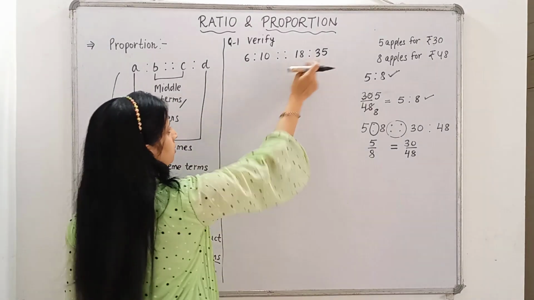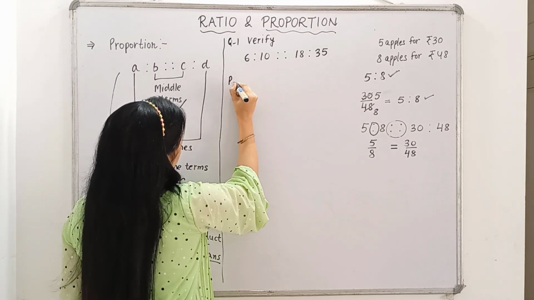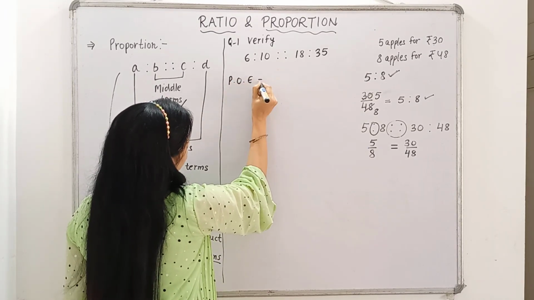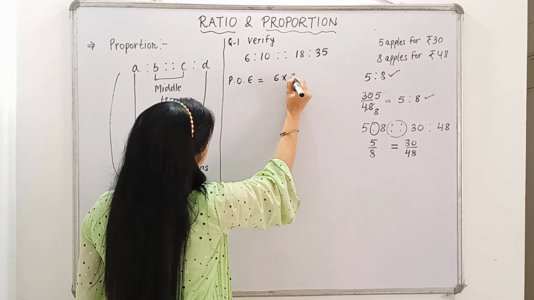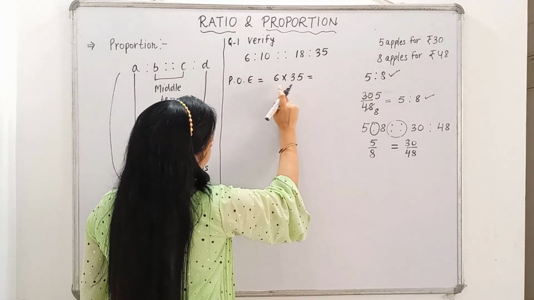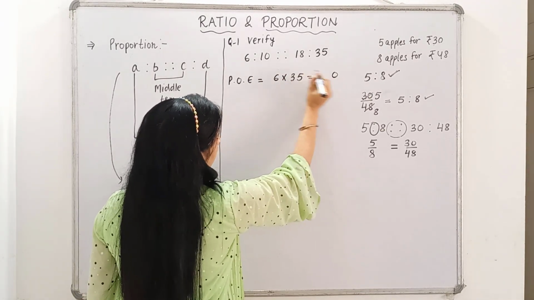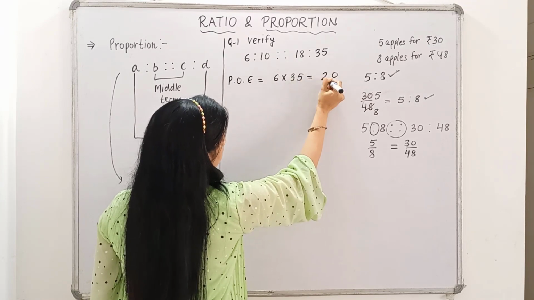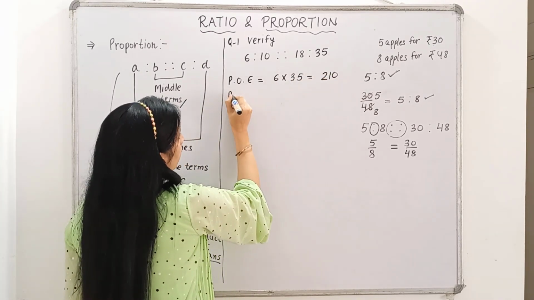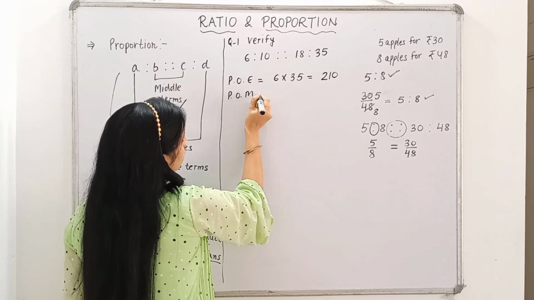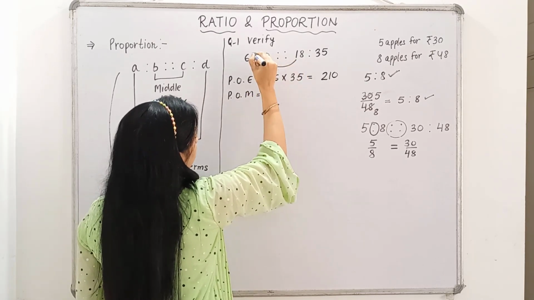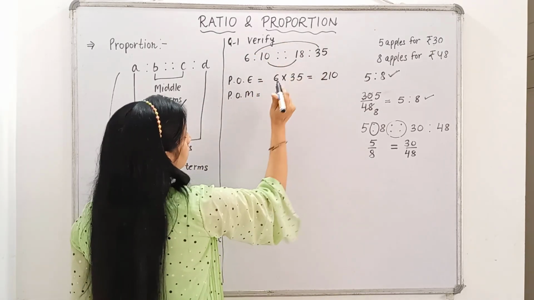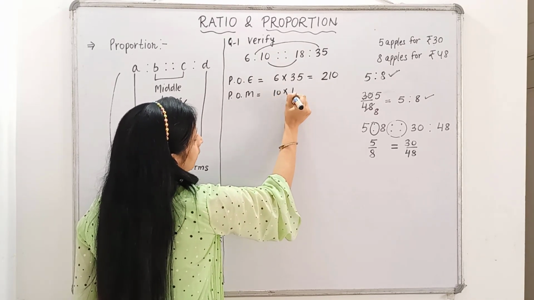So the product of extremes, I am writing in short, POE, product of extremes will be 6 into 35. What will it be? 6 5s are 30, 3 we will carry, 6 3s are 18, plus 3 is 21, so 210. And the product of means, the product of these middle terms, will be 10 multiplied by 18.